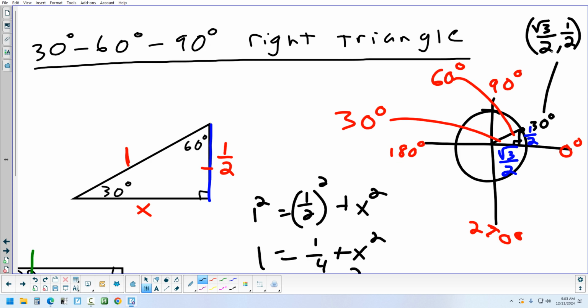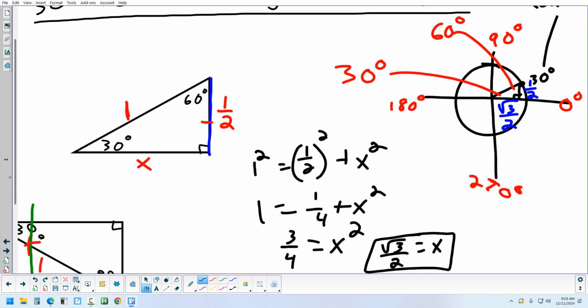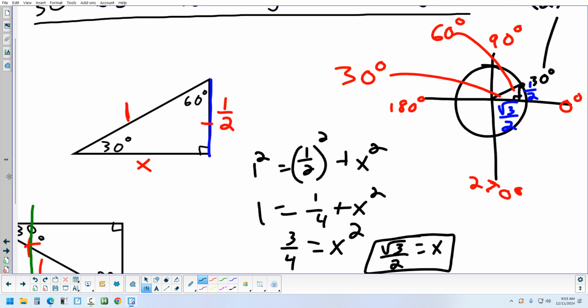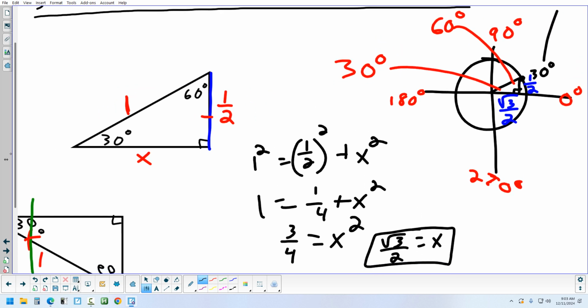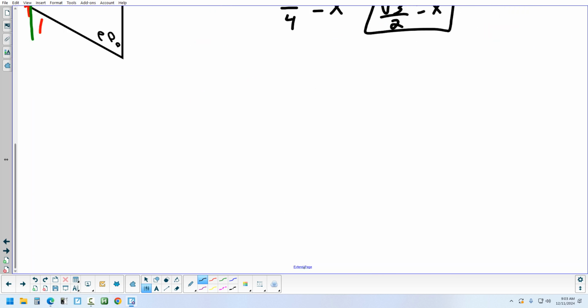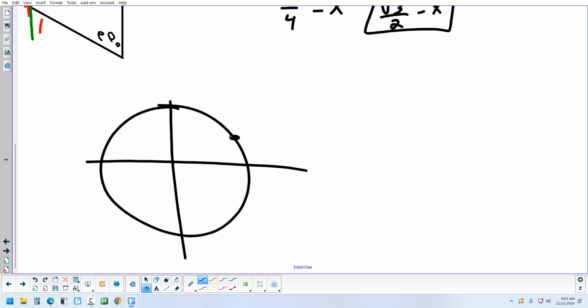Okay, now, let's look at the 60. The diagram's getting a little crowded, so I'm going to draw it again with just the 30 and the 60 and not all the other labels. So here's your 30. Here's your 60.